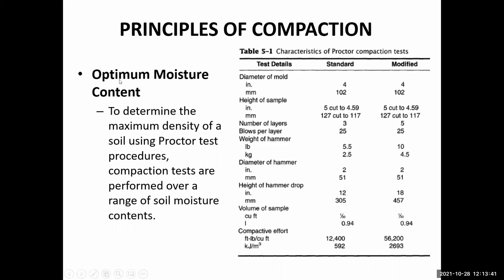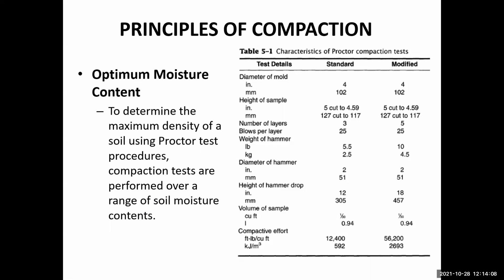We call the optimum moisture content that moisture content by which we can achieve the maximum amount of compaction. To determine the maximum density of the soil using the Proctor test procedures, compaction tests are performed over a range of soil moisture contents.